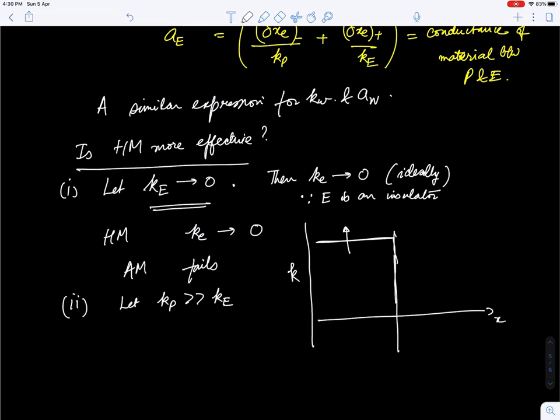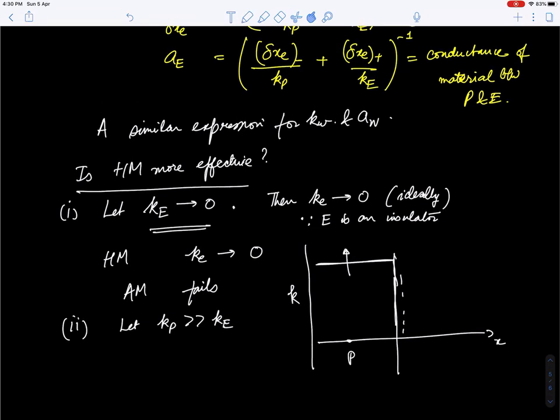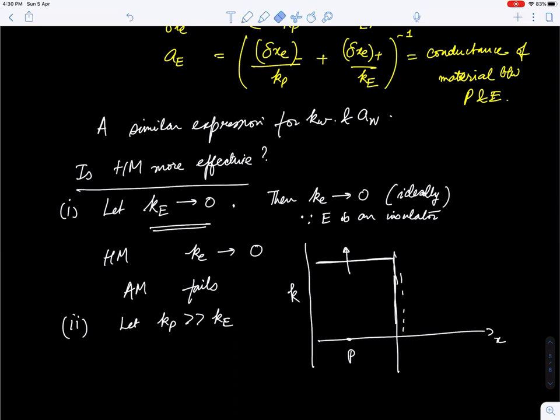I'm plotting K versus X, and there is a node P here, and this is node E.